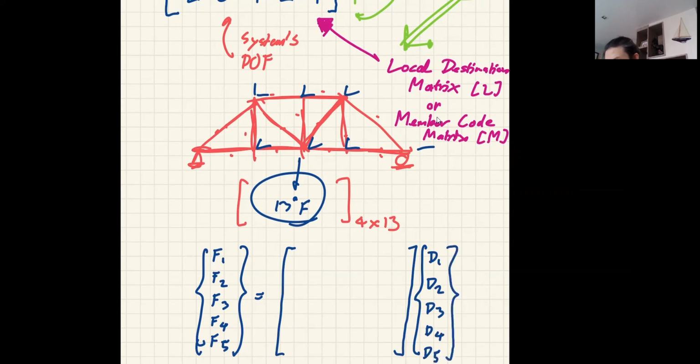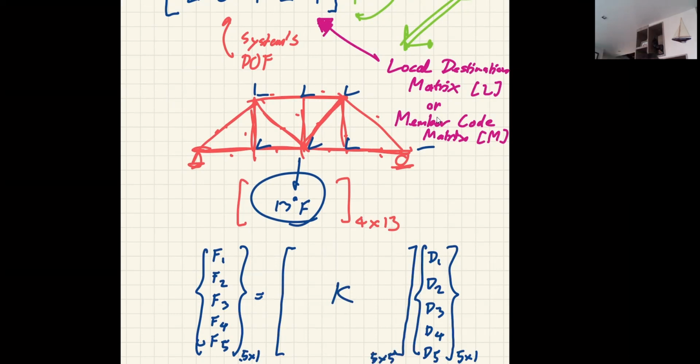Okay. Now let's take a look at the size. You have 5 degrees of freedom. So it means that your force matrix size has to be 5 by 1. 5 here is exactly the number of degrees of freedom. And here is your answer that you're looking for. It's a 5 by 1 matrix because you have 5 degrees of freedom. So to solve this means that your stiffness matrix has to be a 5 by 5 matrix.